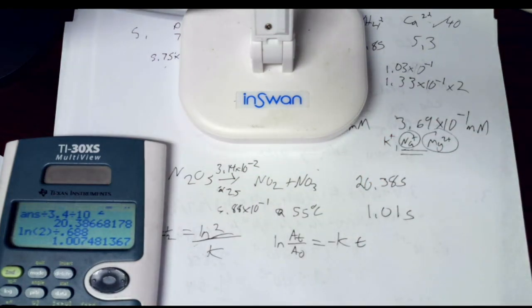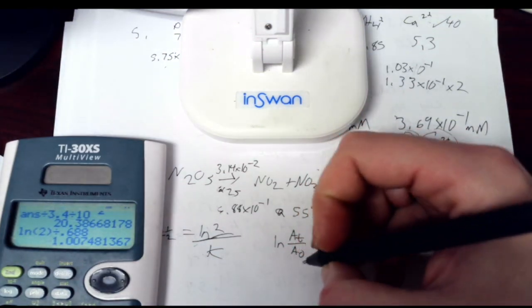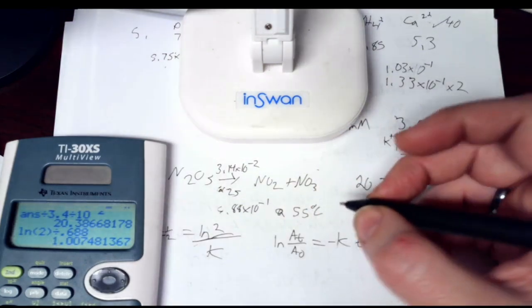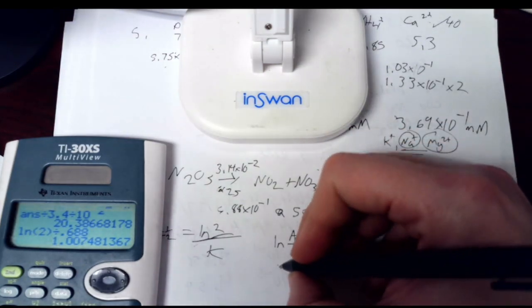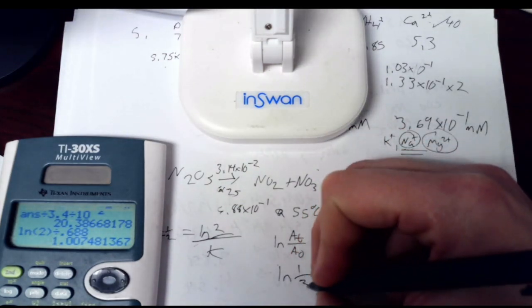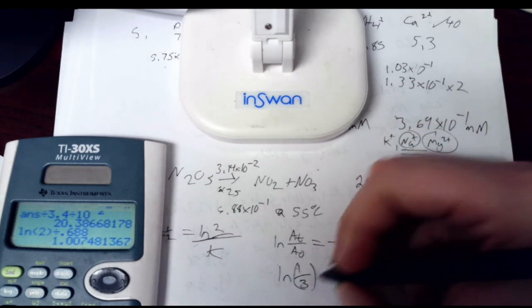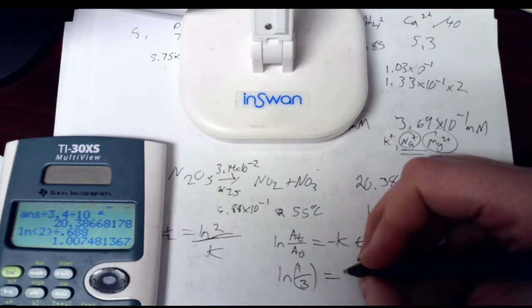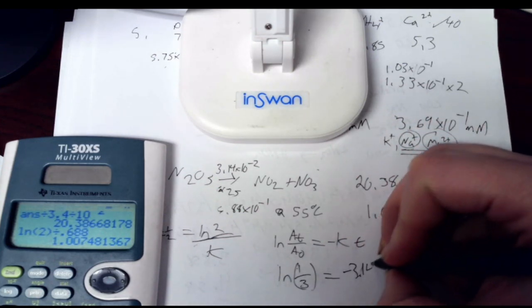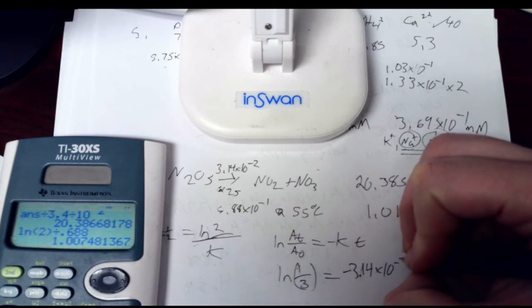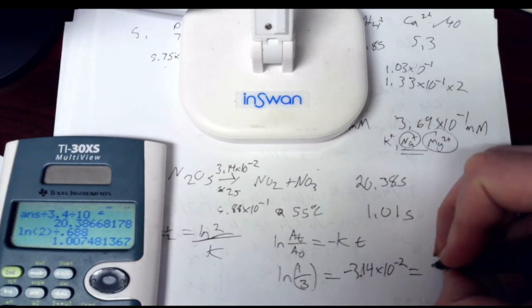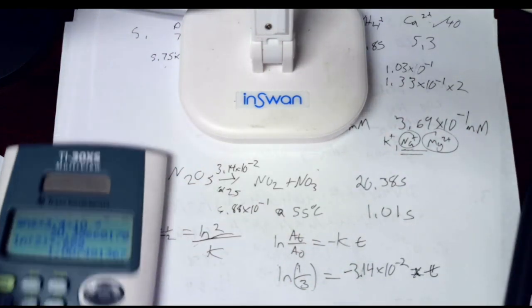It doesn't matter what units A sub 0 and A sub t are, as long as they're in the same units. So it doesn't matter that we're dealing with parts per billion by volume, because we're just saying ln 1 over 3 of the same units is equal to negative 3.14 times 10 to the negative second times t. So we're solving for t.